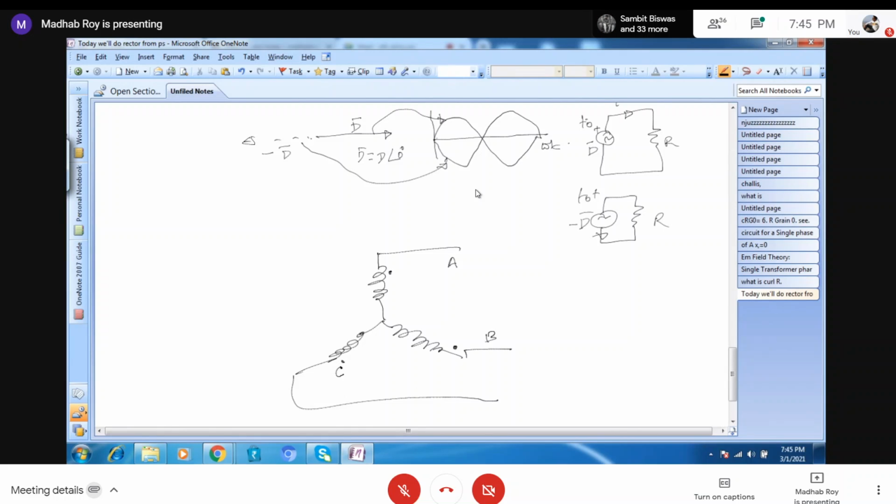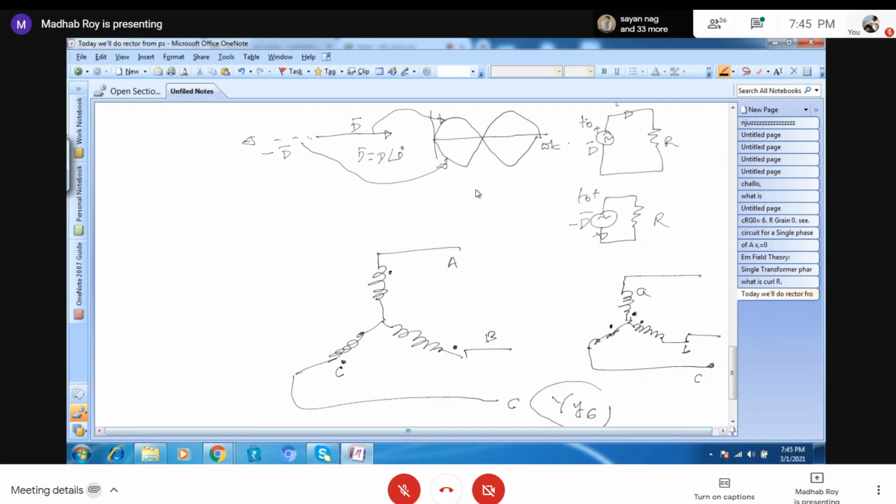And the other side will be like this. A, B, and B. So that connection is called the YY6.